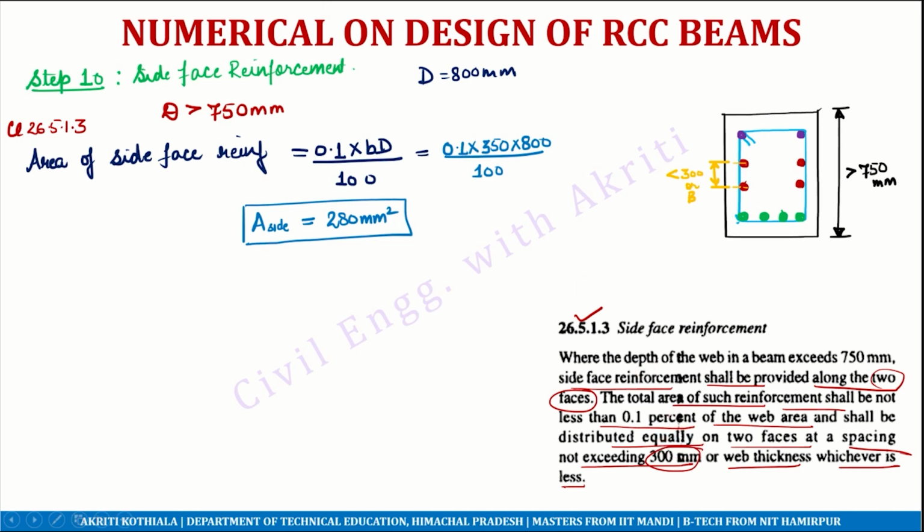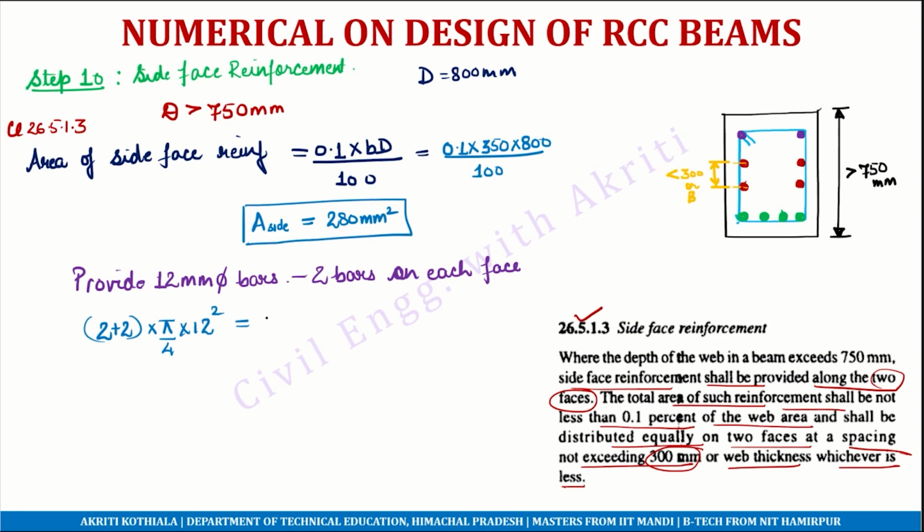And it also mentions that the spacing between these bars should not be greater than 300 mm or the width B. So now this 280 mm has to be provided in terms of 4 bars, 1, 2, 3, 4. So let's assume a diameter of 12 mm. This calculates to be equal to 452 mm square. Although this value is greater than 280 mm, we will have to provide it to satisfy the rest of the parts of the clause. So we are going to provide 2 bars of 12 mm diameter on each face.